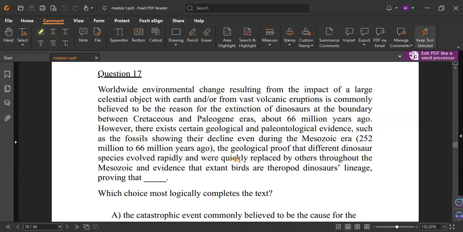Yeah, now let's revise it again. Let's read the question carefully. Here, "completes the text" means you need to focus on the last sentence. Let's try again.